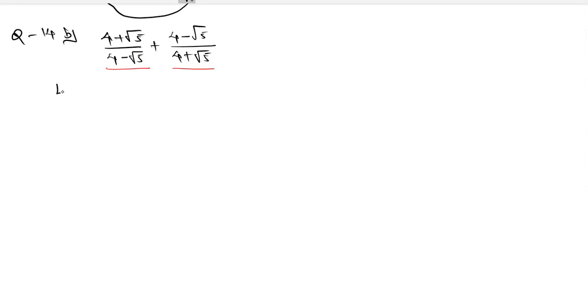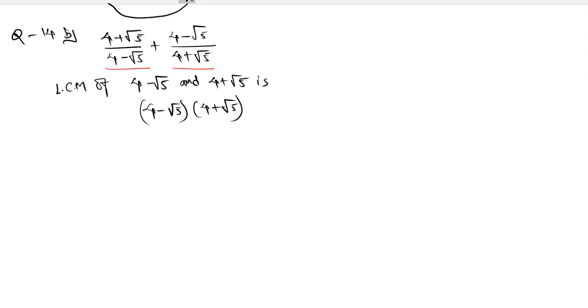So I'll just write here, LCM of 4 minus root 5 and 4 plus root 5 is 4 minus root 5 multiplied by 4 plus root 5, right? So the product of these two numbers is the LCM. So what is the product of these two numbers?